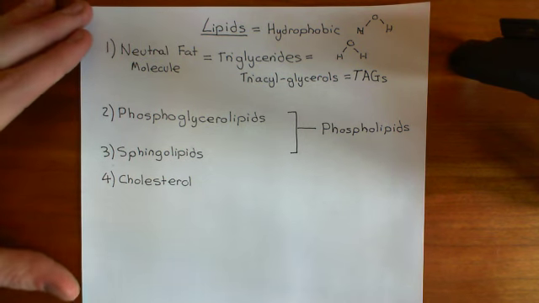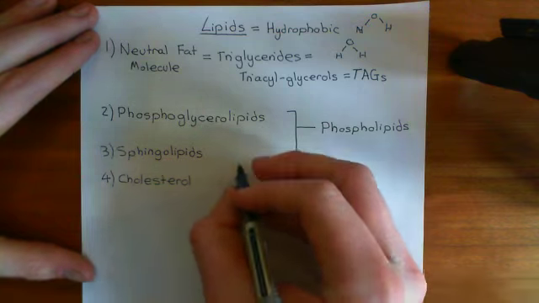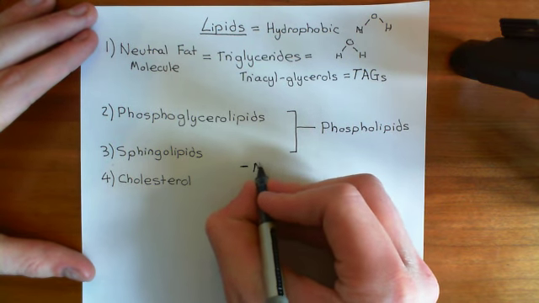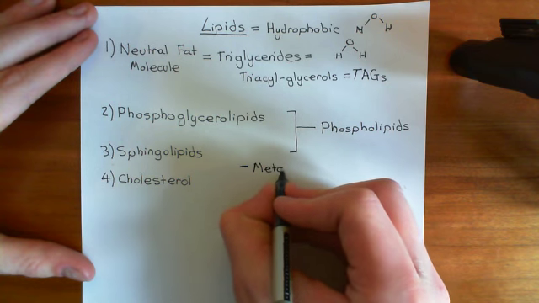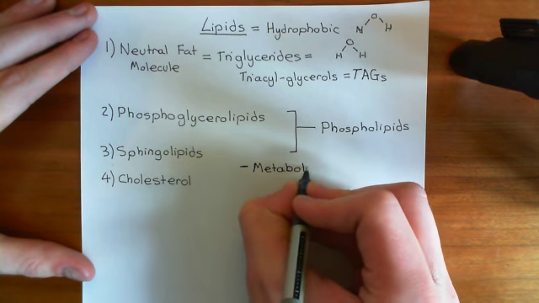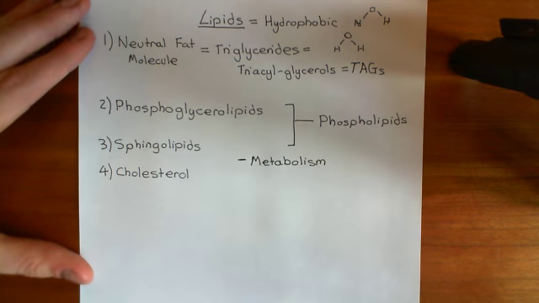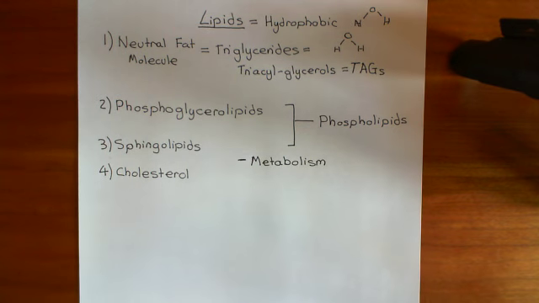Right. So what are the uses of lipids then? There are two major uses of lipids. Firstly, we can break them down and convert them into energy. So metabolism is one of the uses of lipids. We can break them down and use the energy that we get from the catabolism of the lipid molecules to produce ATP, adenosine triphosphate molecules.